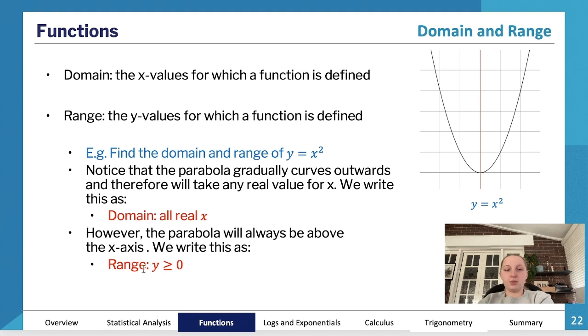So then we can say that our range is y is greater than or equal to 0. Okay, so that's that for domain and range. Super important that you understand how to work this out. Probably the easiest way to do it is to graph and to actually look at the graph. And then from there, it's super easy to look at, okay, where does it exist for x? Where does it exist for y?